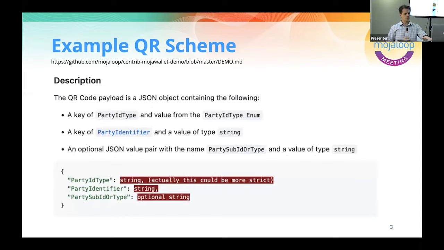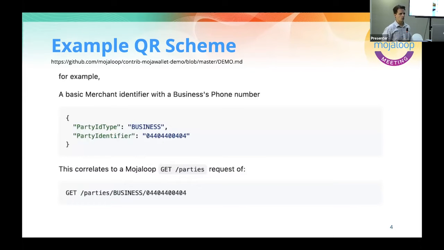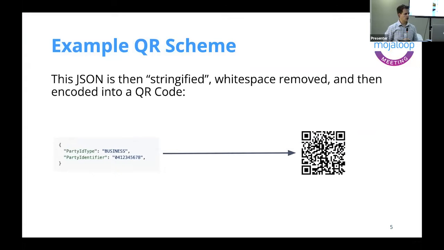So the idea being that you can encode a business's identification number with a party ID type of business, and then an identifier, which here is just an example, could be a phone number, or it could be a number issued to it by the merchant registry that Paul was talking about. So here is what that looks like. We take this JSON formatted string, we strip out the white space, and we encode it into a QR code. And that's what I also have on my phone here that we'll be scanning shortly for the demo.